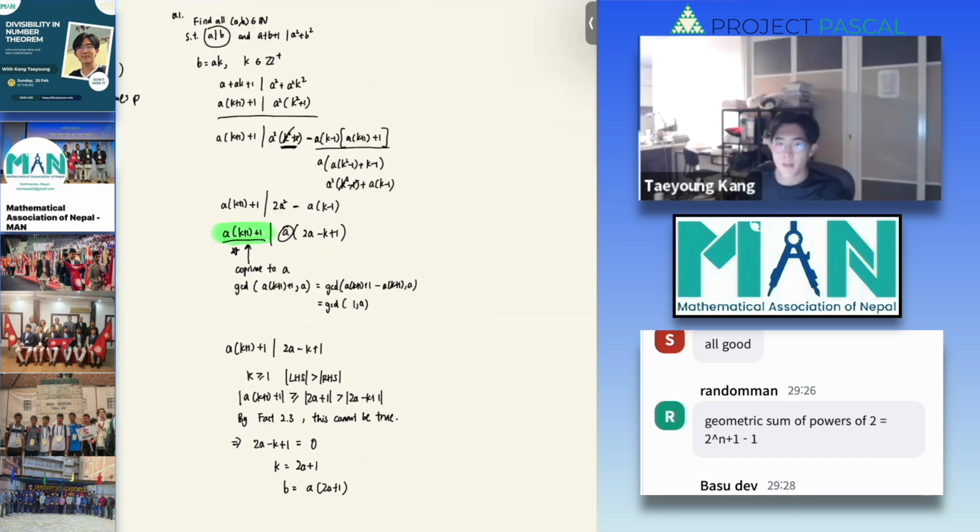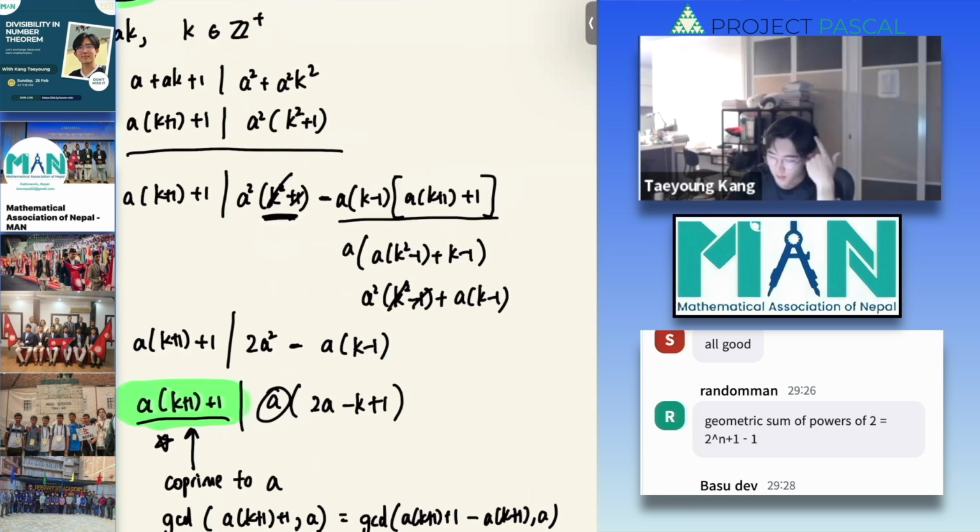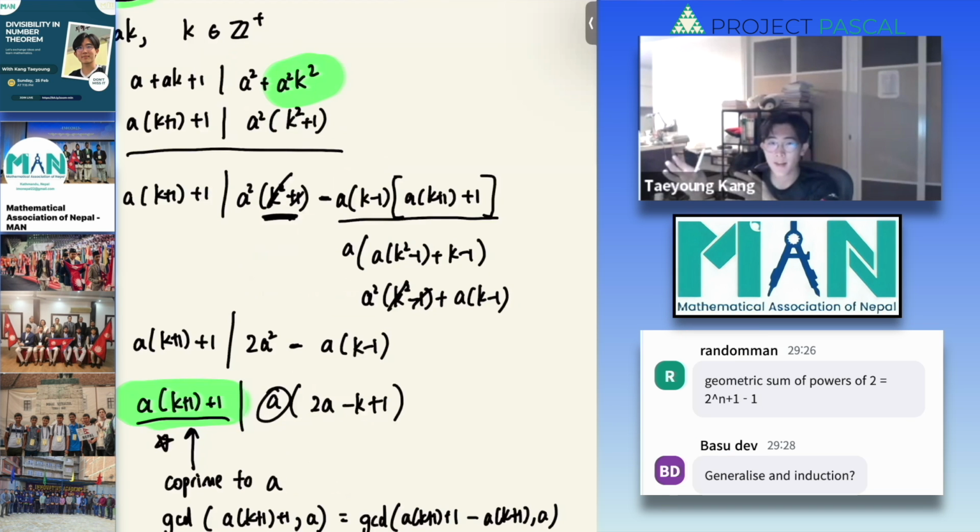So I'll summarize again. The main idea in the solution is, firstly, you substitute b equals ak, so that you're utilizing the condition a divides b, and it becomes very easy to manipulate the whole expression. Secondly, once you have an a squared k squared term over here, we want to find a way to eliminate it from the right hand side.